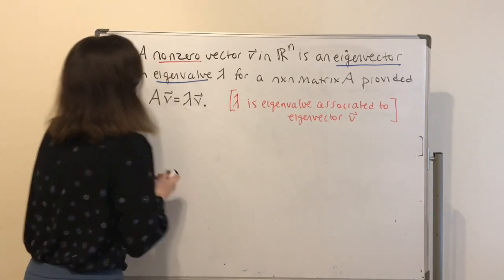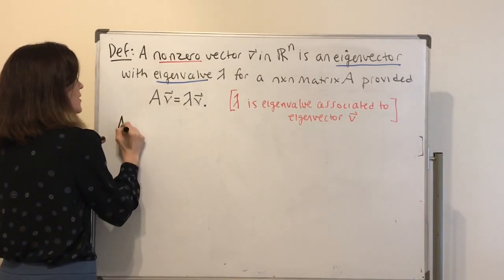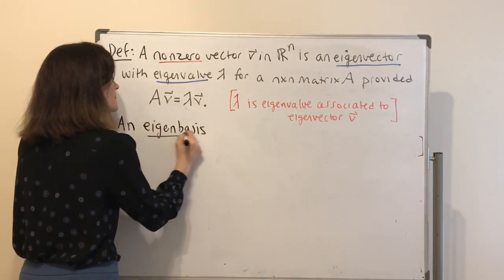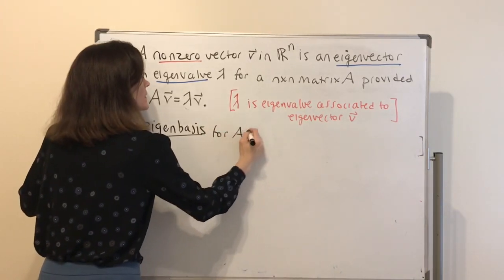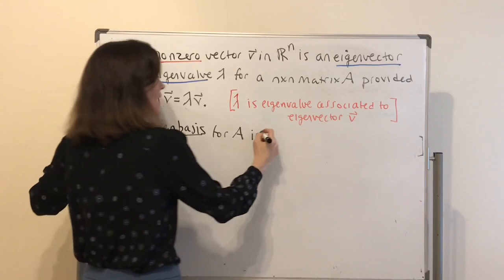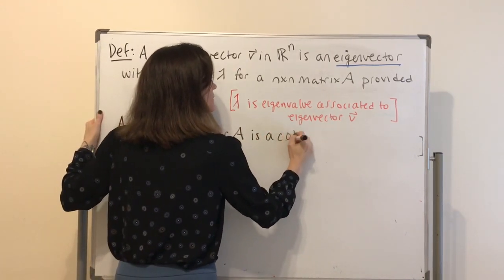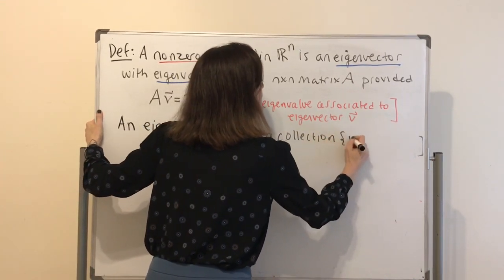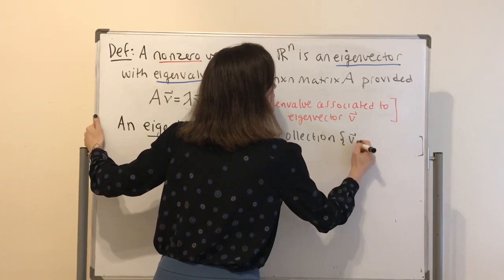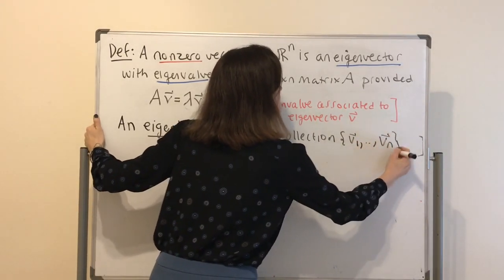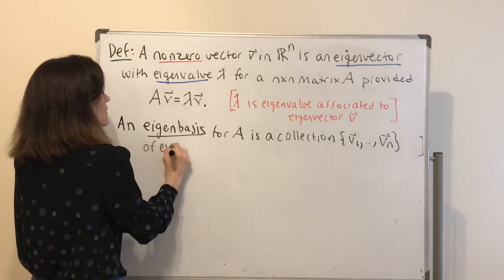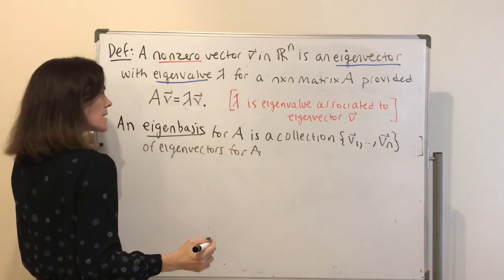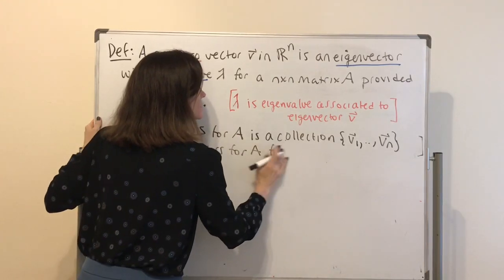And another part of the definition I am defining here is an eigenbasis for A. It's a collection of eigenvectors V1 to Vn for A that form a basis for Rn.